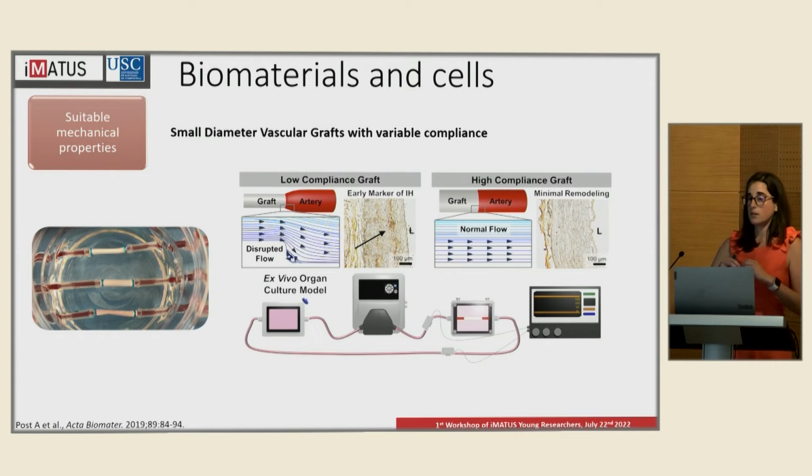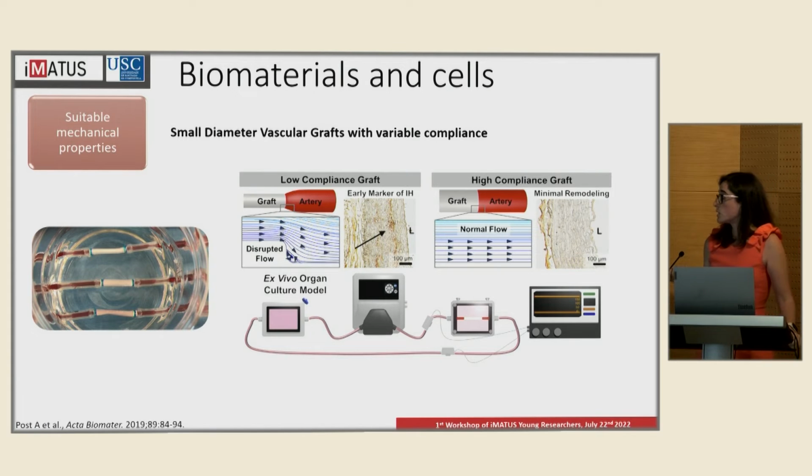The cells are subjected to high stress and they start to increase the thickness of the intima. And at some point, usually the vessel collapses and the graft needs to be replaced. Ideally this will not happen if we have a high compliance graft, which would behave like the native artery. When the heart beats, the diameter increases.